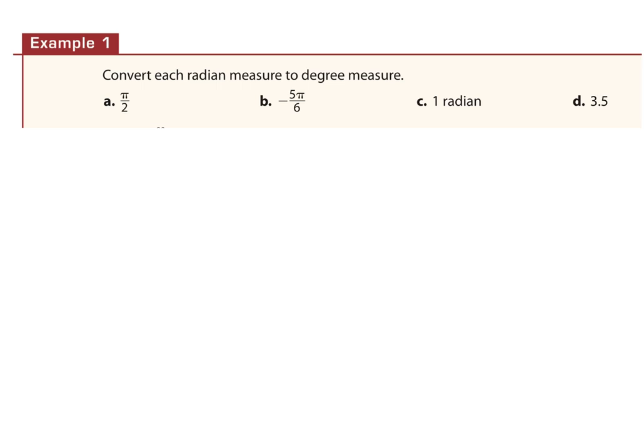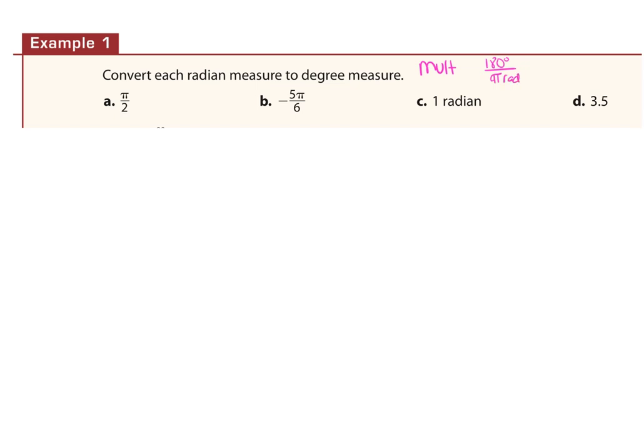It would be like if I gave you Fahrenheit, and instead I want it in Celsius. You would do a process to convert it to the other measure, and that's what we're going to do. Anytime it is in radians and we're converting to degrees, we are going to multiply whatever you have by 180 degrees over the pi radians.